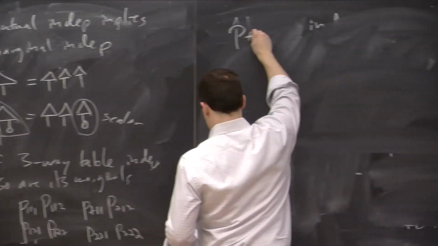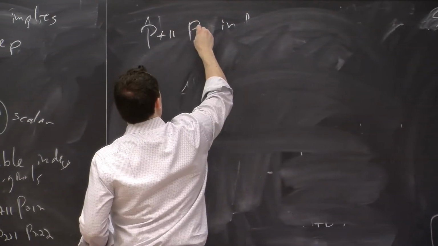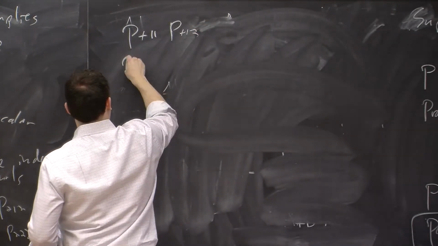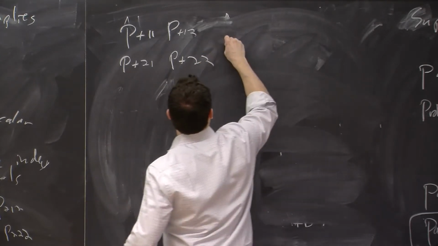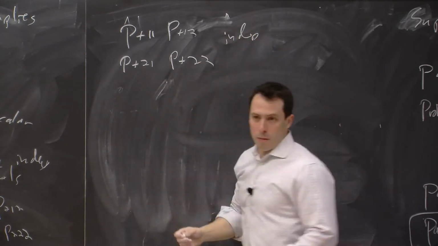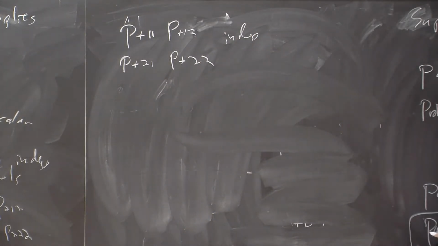P plus 1 1, P plus 1 2, P plus 2 1, P plus 2 2 is also independent, and so on. Other possible marginal tables that I could make.